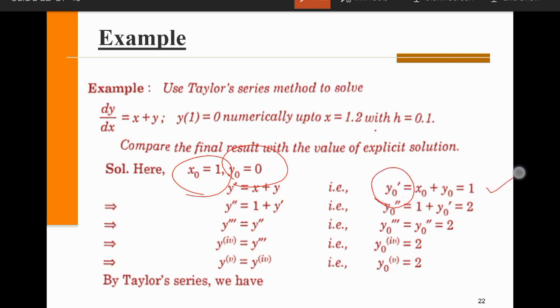You just substitute the values of x naught and y naught here, and you will get the value of y naught dash. Similarly, when you substitute the values of y naught dash and x naught as well as y naught, you will get the value of y naught double dash. So by substituting all these values one by one, you will get the values of the derivatives, right?